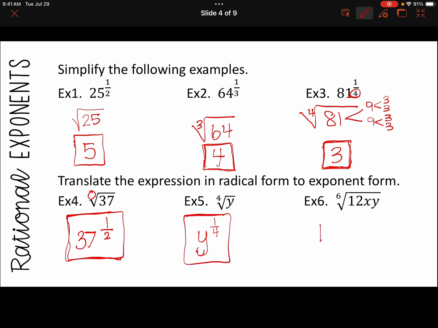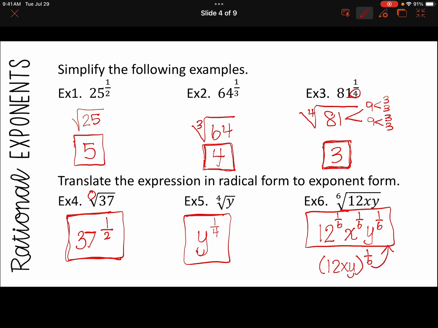And this is going to be 12 to the 1/6, x to the 1/6, y to the 1/6. So that's one way to write it. You could have also said, okay, it's 12xy to the 1/6, but then you would need to distribute the 1/6 to everything.